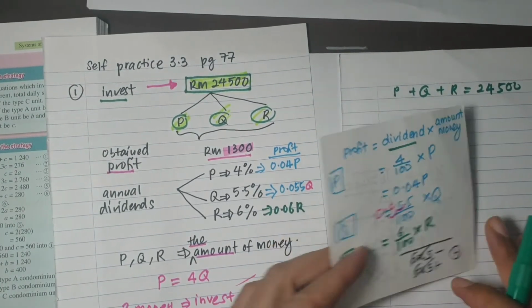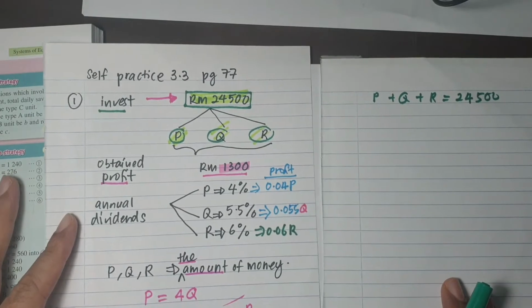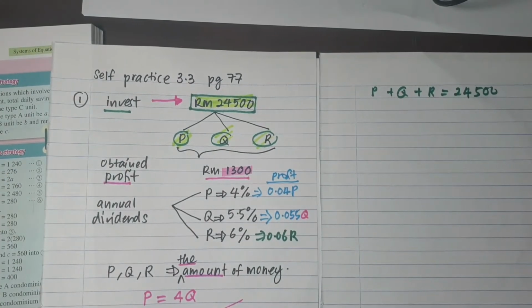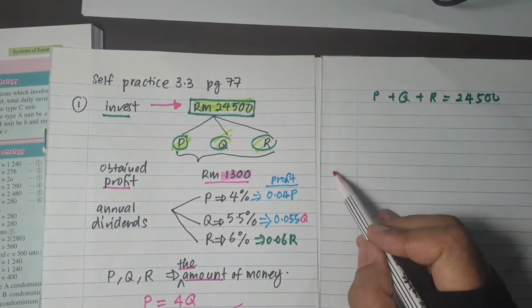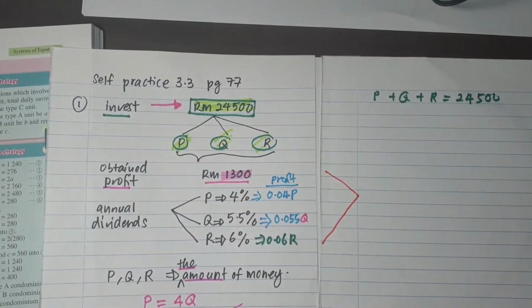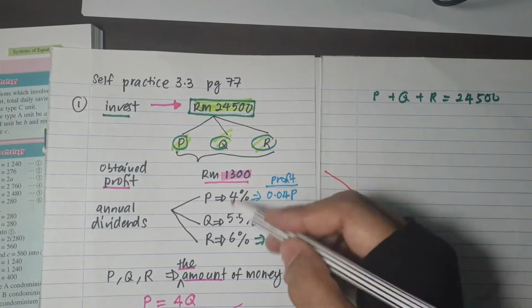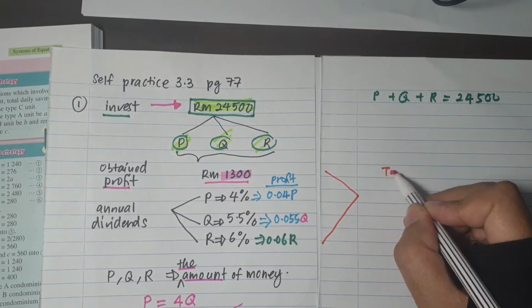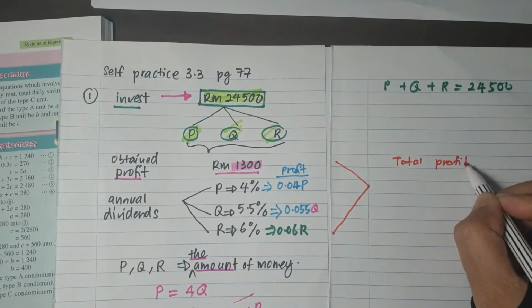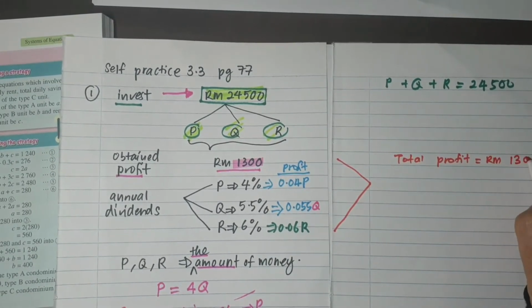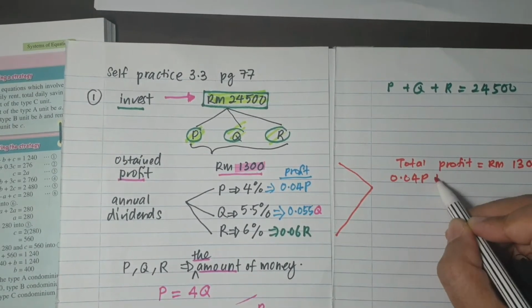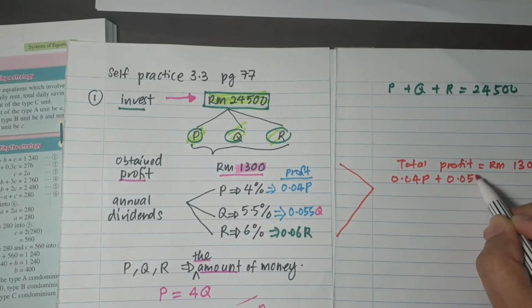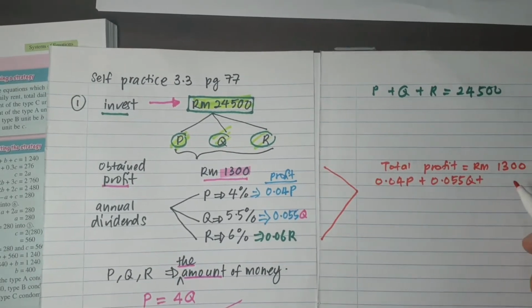So maknanya, from this information, we get one equation. Total profit is RM 1,300. So maknanya you plus everything from account P, from account Q and from account R.